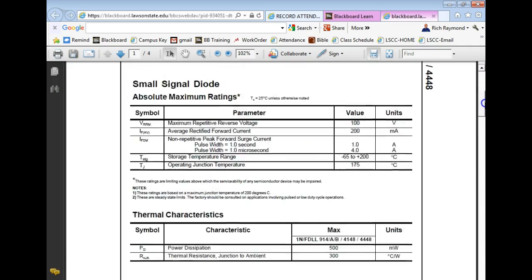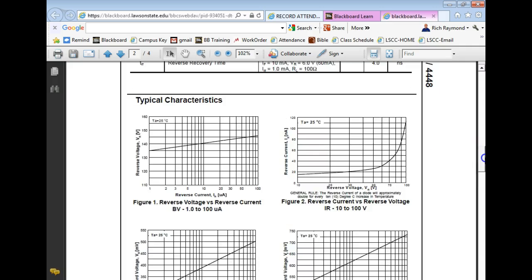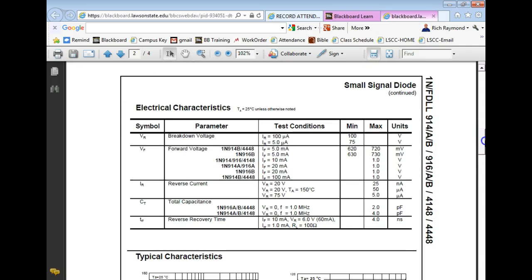Then down here, this is the actual operating characteristics. So the VF of this diode, notice they give us several VFs. They say, okay, at 5 milliamps, it's going to measure, and notice they give a minimum and a maximum. So what that means is that we know it's going to conduct at least 0.6 of a volt, up to 720 millivolts.